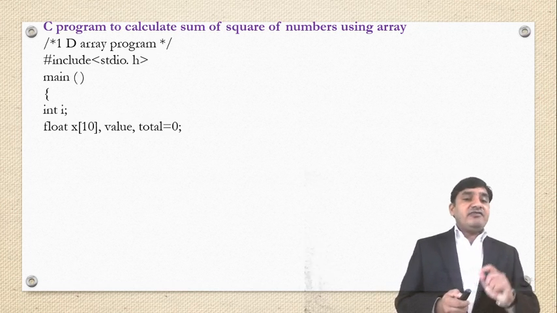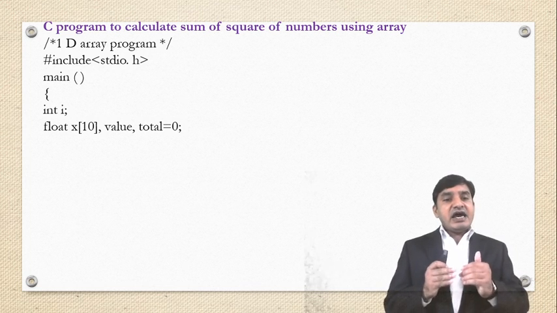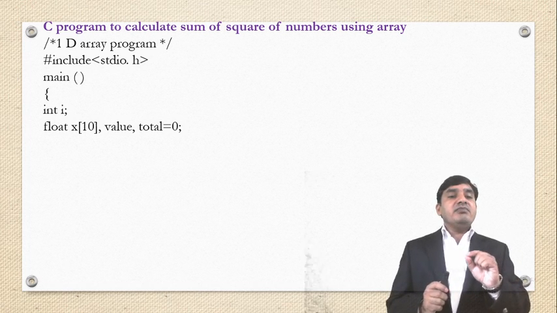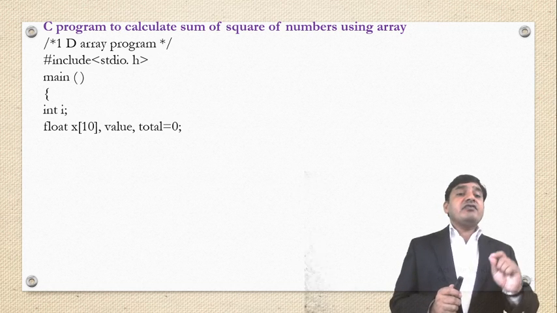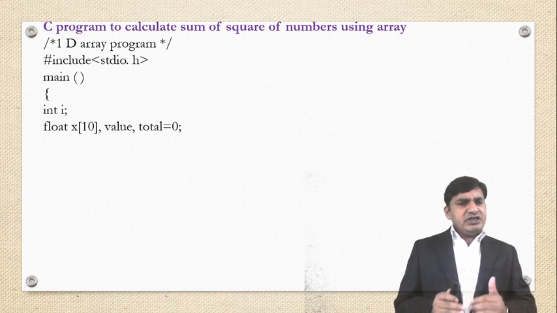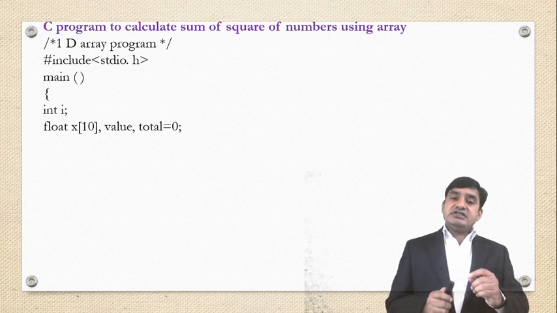This indicates that float x[10] means the array consists of 10 numbers and all these 10 numbers are float. Next is value. Value is also floating type. Then total is equal to 0.